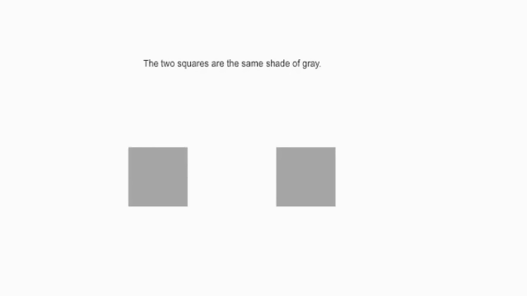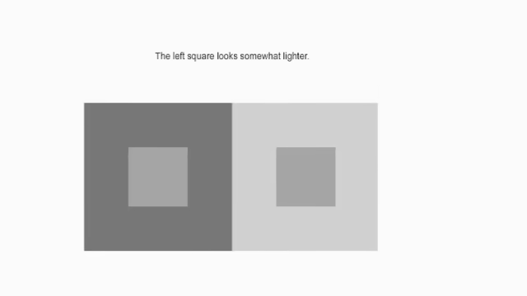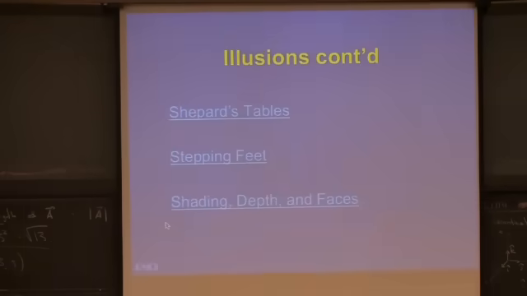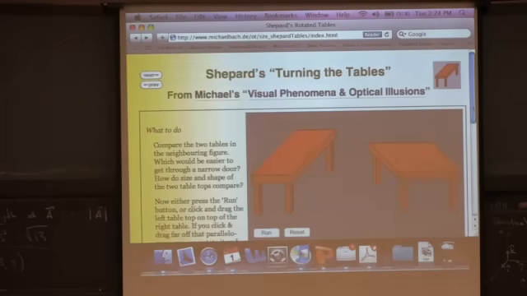Two boxes equal gray. So things as simple as how bright something is or how long something is depend on interpretation.